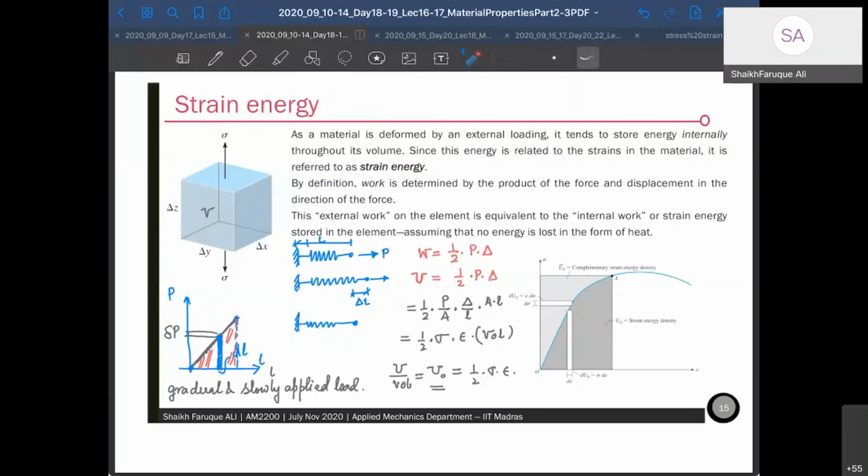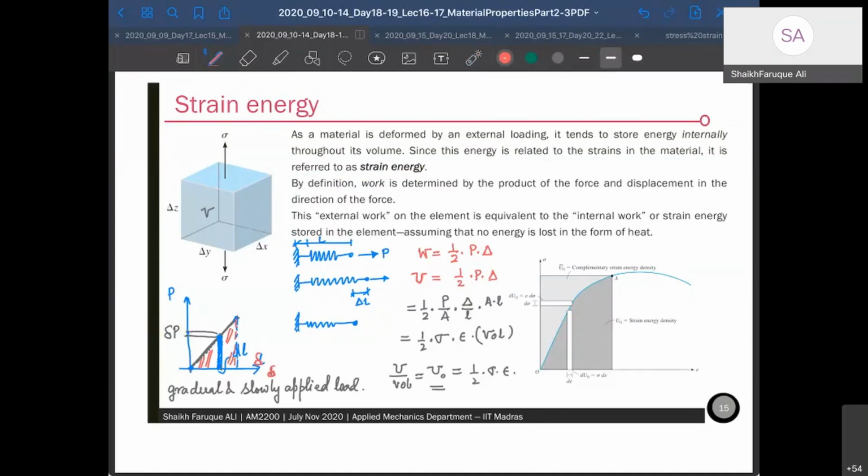So let's look at the spring itself. You are giving some load here. Look at this curve. You are giving some load P, and there will be some deflection here. This is not L, this is delta.